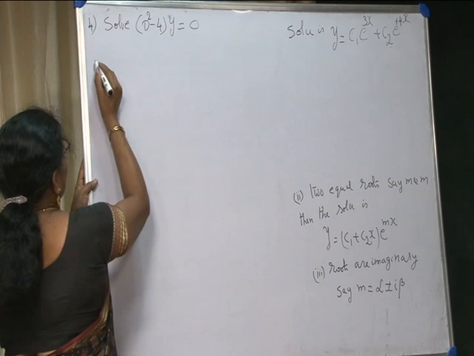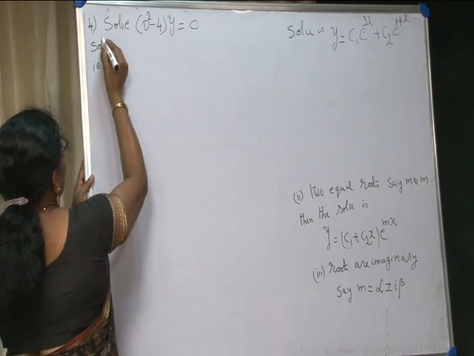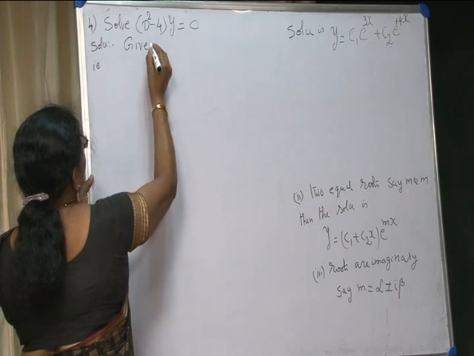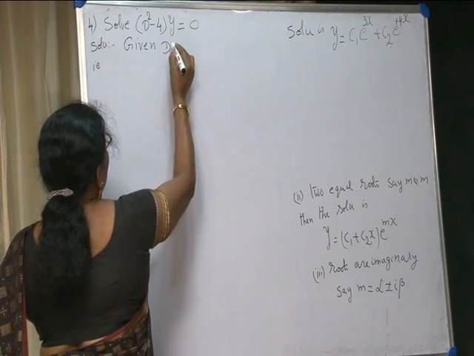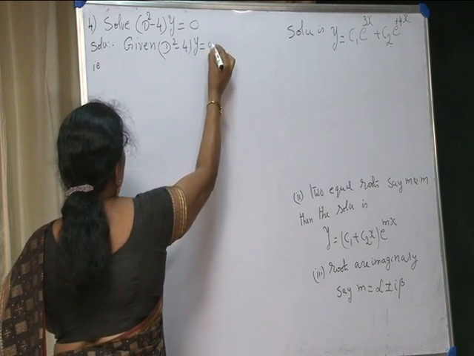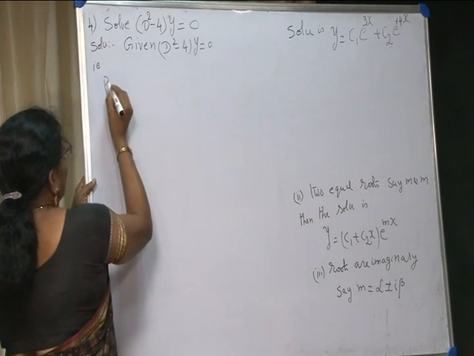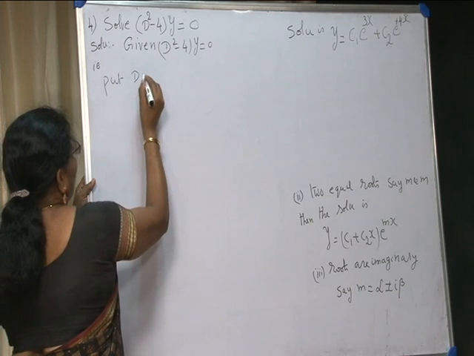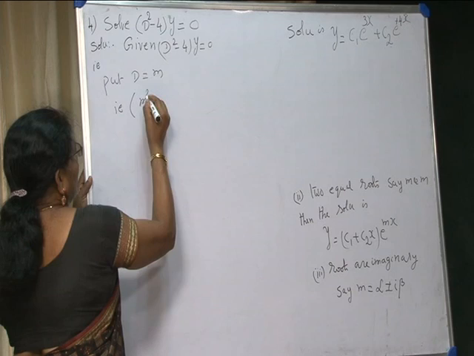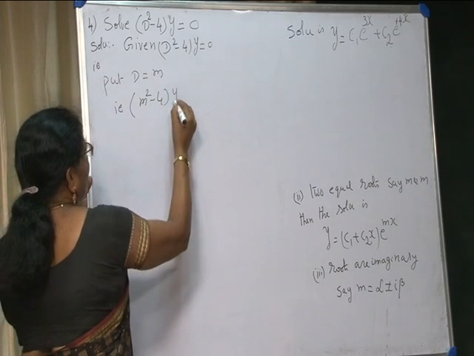That is solution: given d squared minus 4 into y is equal to 0. Put d is equal to m, that is m squared minus 4 into y is equal to 0.